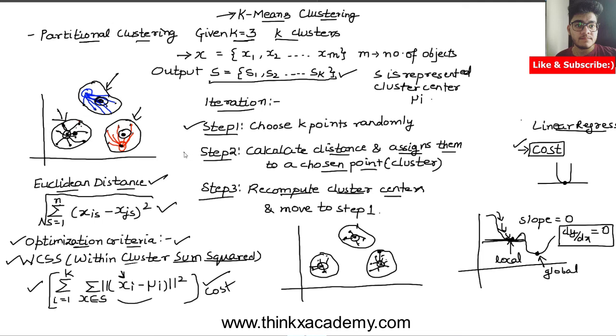Then we move to step 3, which is to recompute the cluster centers. We will again recalculate the cluster centers, and then again we will move to the first step. We will again recalculate the distances. You can see in this step we are recalculating the distances, and we will assign them to the chosen point. And then again we are going to calculate the sum squared distance.